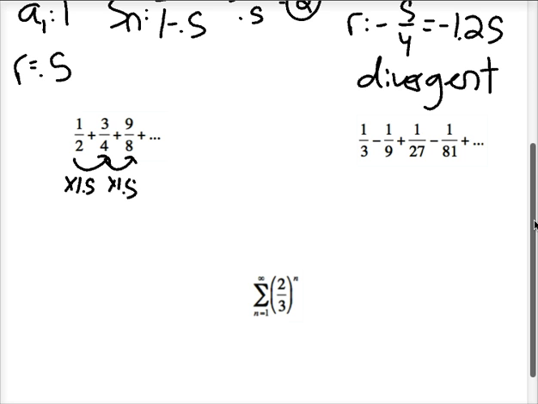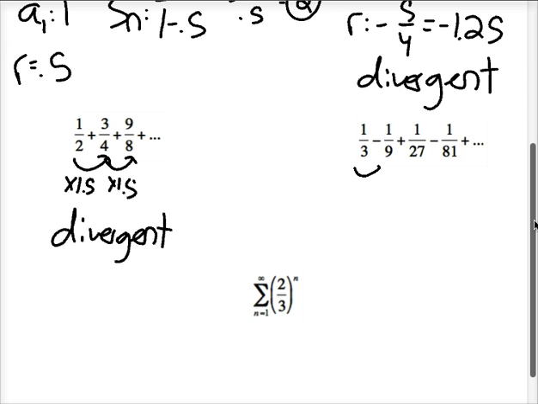Okay, so this 1.5, we are consistently multiplying by it. Now again, that leaves us with a problem because we can't have that R value being greater than 1. So this is actually another divergent series. Okay, divergent because that R is too big. The R is greater than 1.